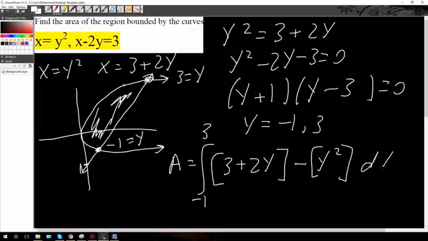It's important that this is in terms of dy. If it was in terms of dx, it's top minus bottom. But for dy, it's right minus left.